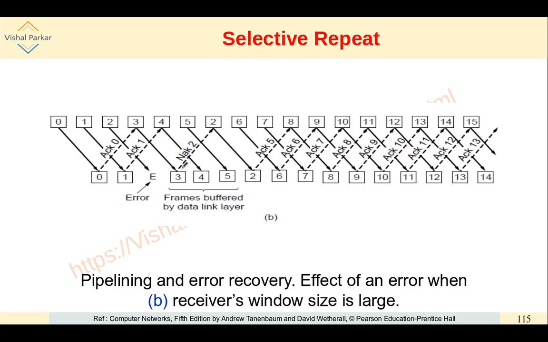The receiver did not send acknowledgements for 3 and 4. It simply sent an acknowledgement for the last frame in sequence received correctly, that was 5. When it was received, the sender came to know that the receiver had received all the frame numbers from 0 through 5.